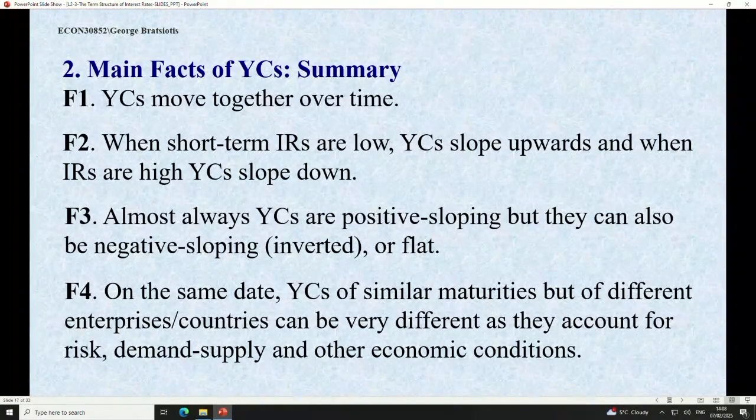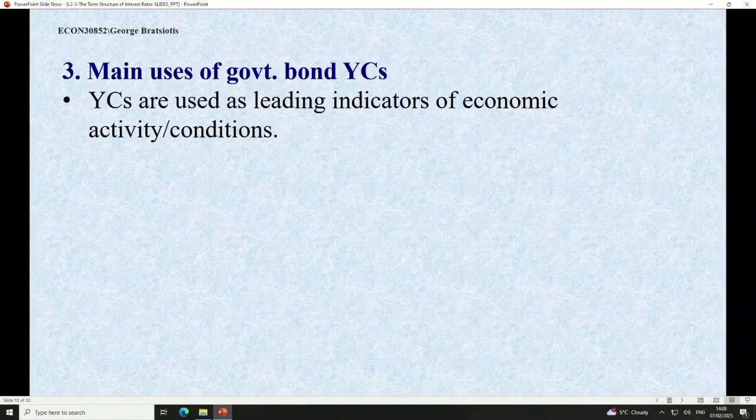Okay, so let's very briefly, and you can read more about this, cover the main uses of government bond yield curves. They're used as leading indicators of economic activity and conditions. You understand that, we've just been discussing this, so you can look at them and see what the market is expecting. But we can also use them in economics for forecasting.